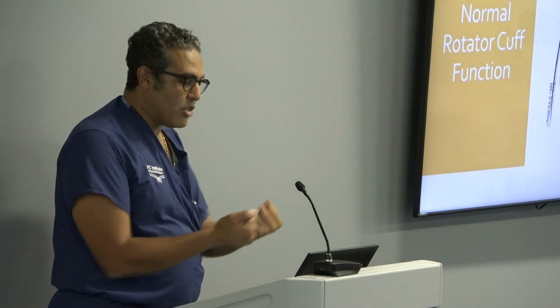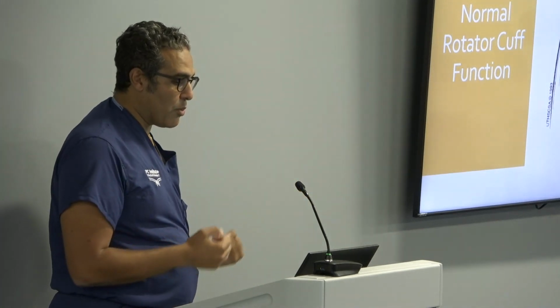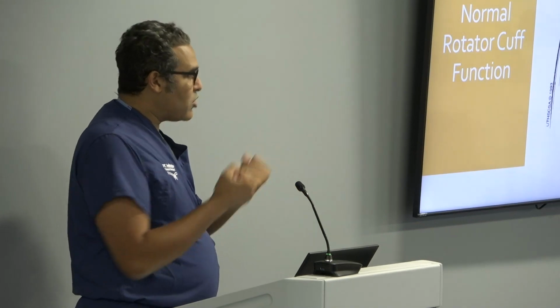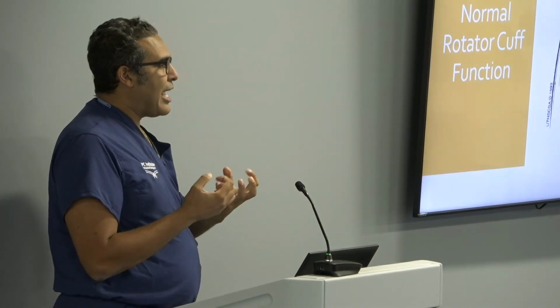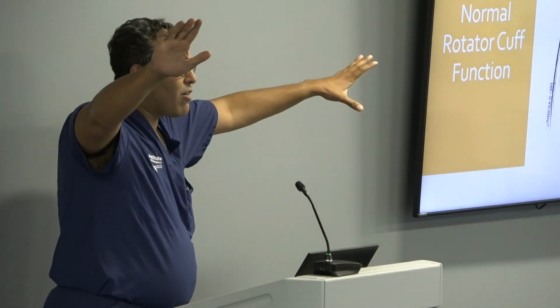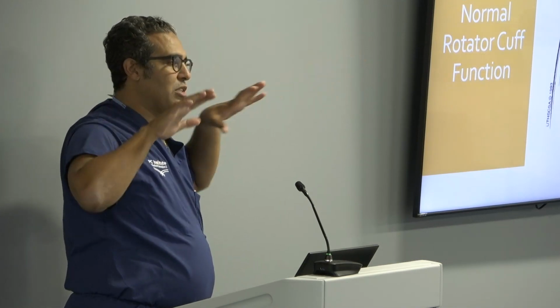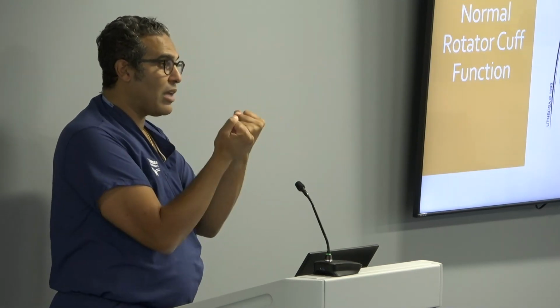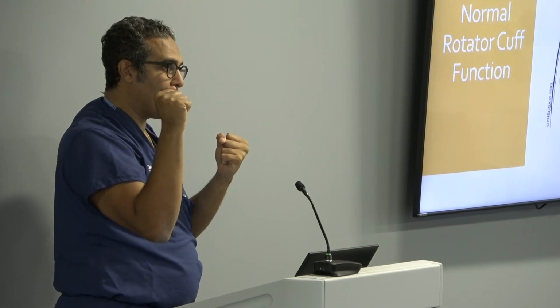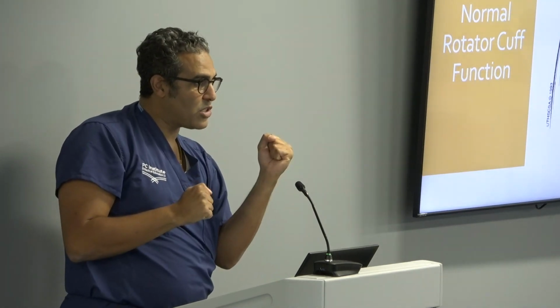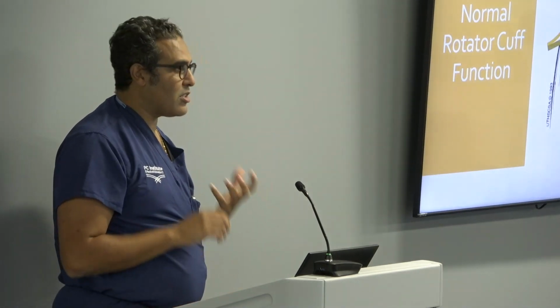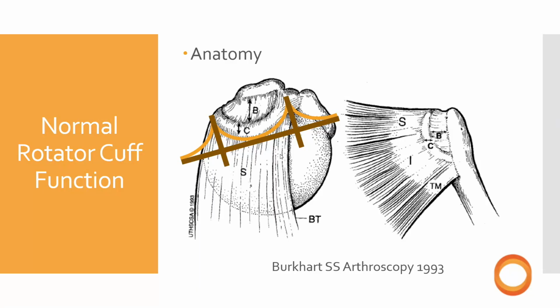So when the supraspinatus pulls, right, so it pulls down in the direction of that muscle belly, it's not pulling uniformly across the greater tuberosity. It's going to pull preferentially through the cable to that anterior cable attachment and posteriorly to the posterior cable attachment. And that's why they call it a suspension bridge. So this suspension bridge really distributes forces in a way that is not as straightforward as you think, right?